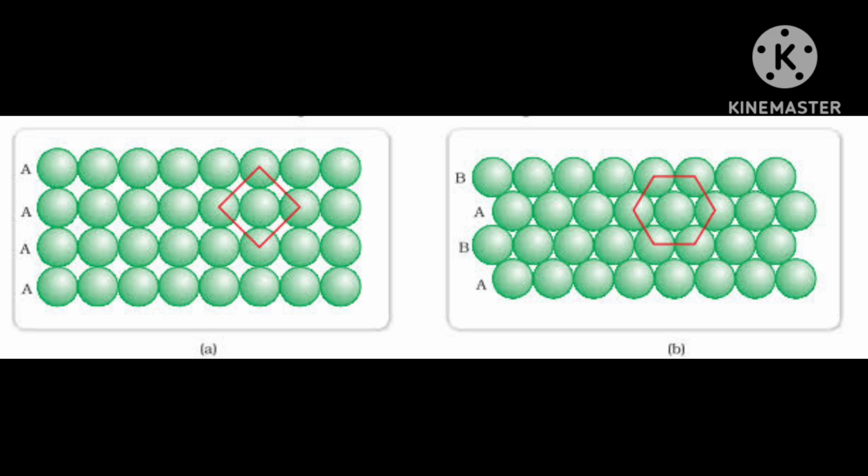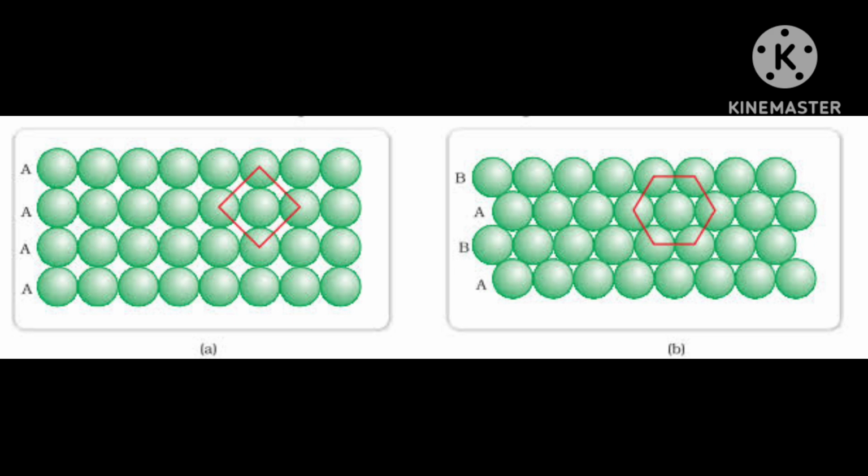Particularly in the second diagram, second arrangement, in this layer there are some voids, gaps, empty spaces. These are triangular in shape.